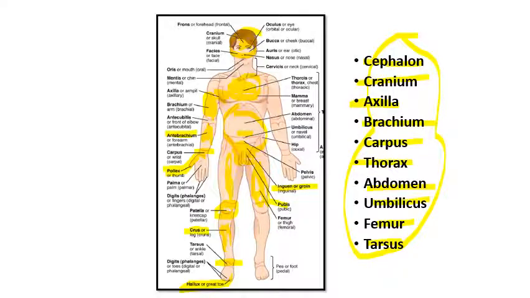By the way, the area where your cheeks are is referred to as the buccal area. The area where your ear is referred to as the auris, A-U, not O-R. The area where your nose is referred to as the nasus.